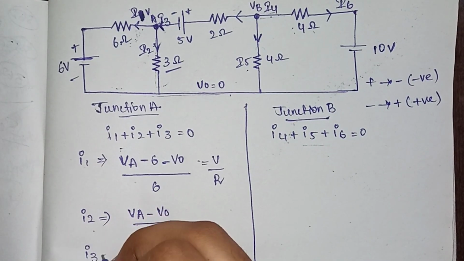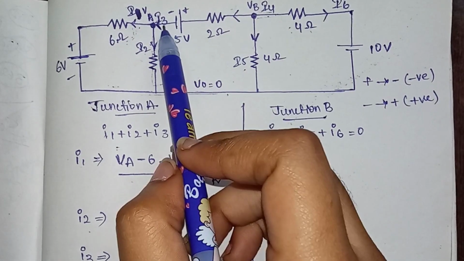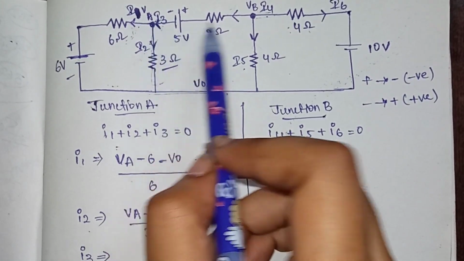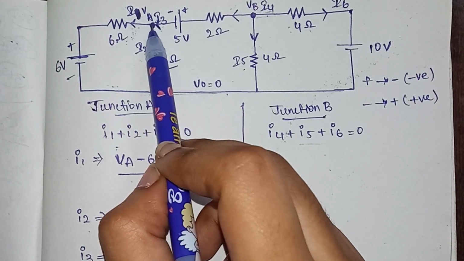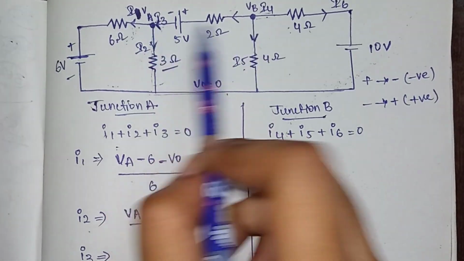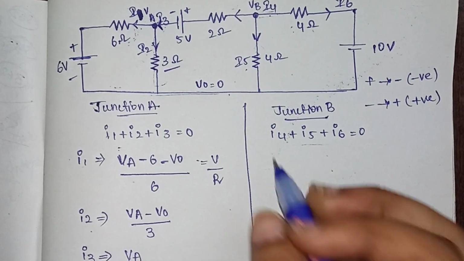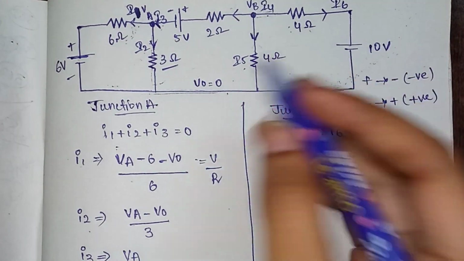And what will be our I3? This is our I3. From VA it is moving to VB. So this current is moving from VA to VB. So VA will be our higher potential and VB will be our lower potential.